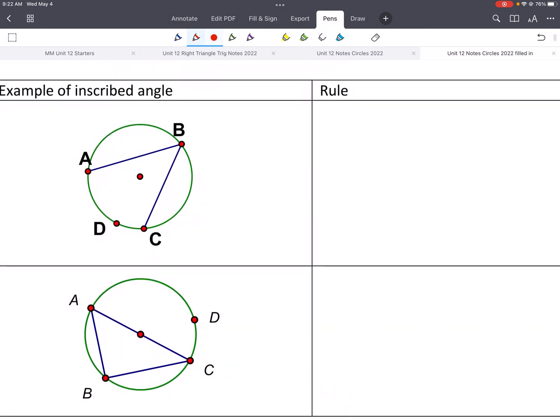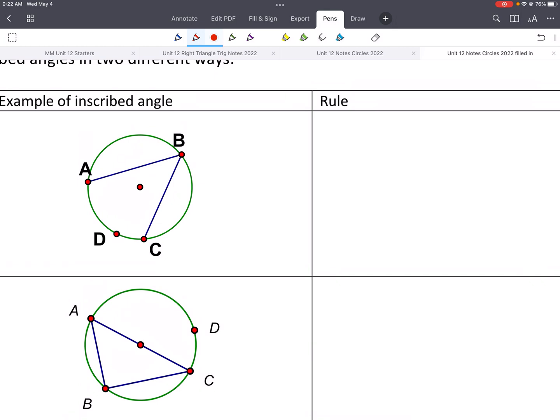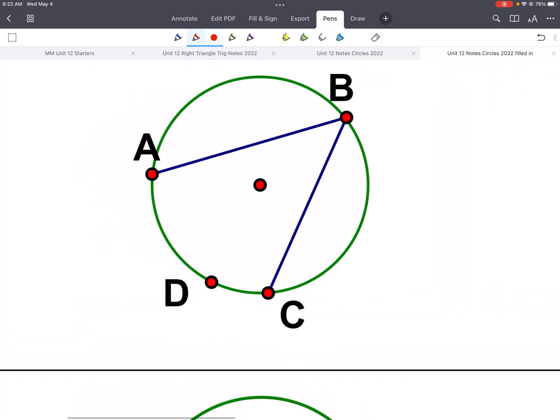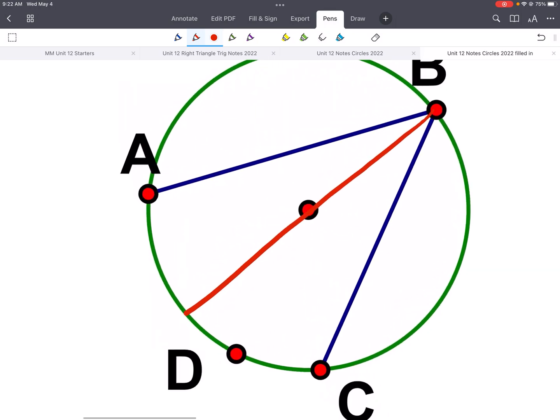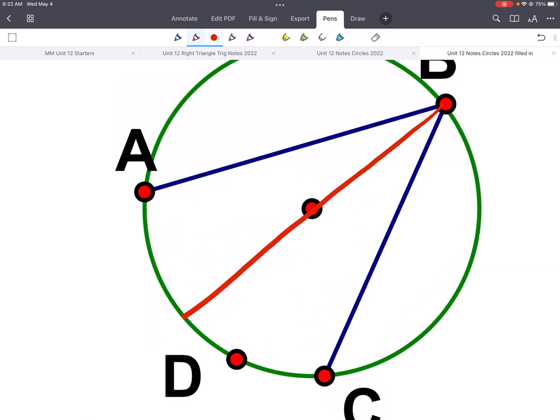But let's see if there's some sort of rule. My guess is it's not going to be the same as the central angle. With the central angle, the arc is equal to the angle. So let's see if we can figure out how we come up with this rule. This is what I did in class: we connected a chord that goes through the center, and we're just going to focus on half of this side of the inscribed angle.